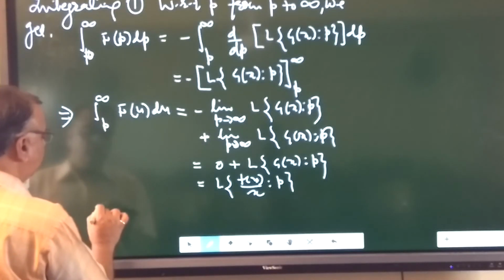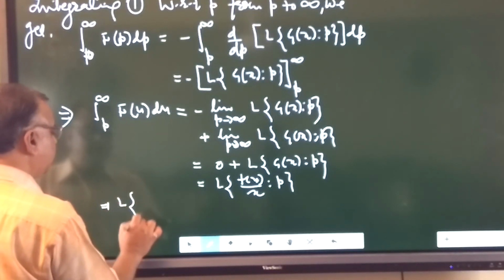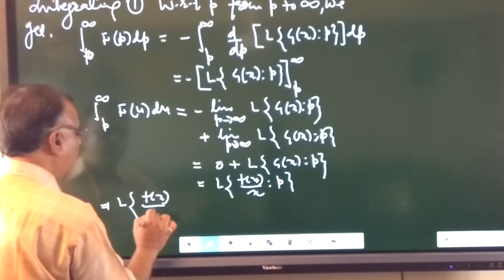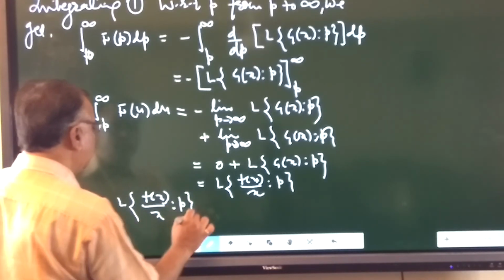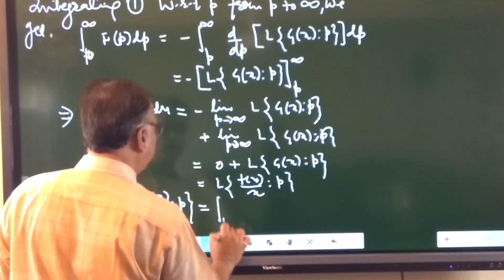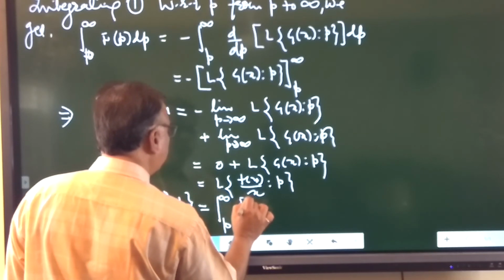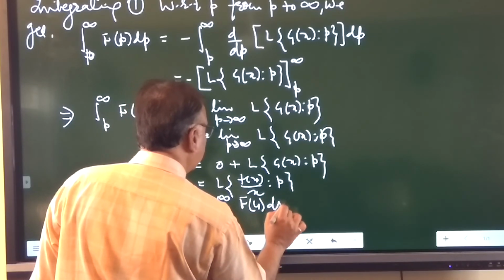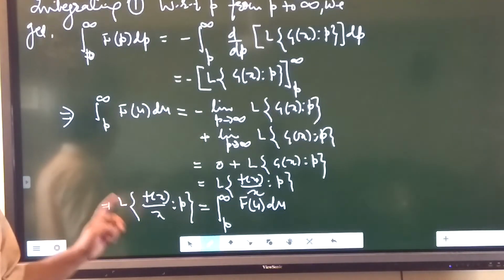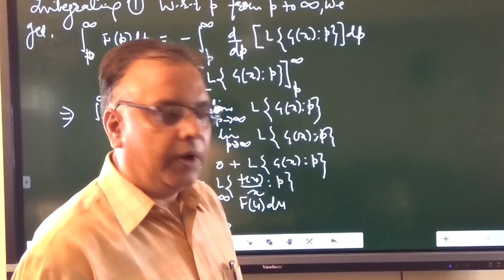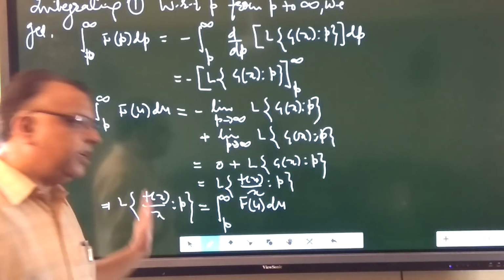So from here we get that the Laplace transformation of f(x) upon x with respect to p is equal to the integral from p to infinity of F(u) du, which is the Laplace transformation of a function f(x) with the division of x.